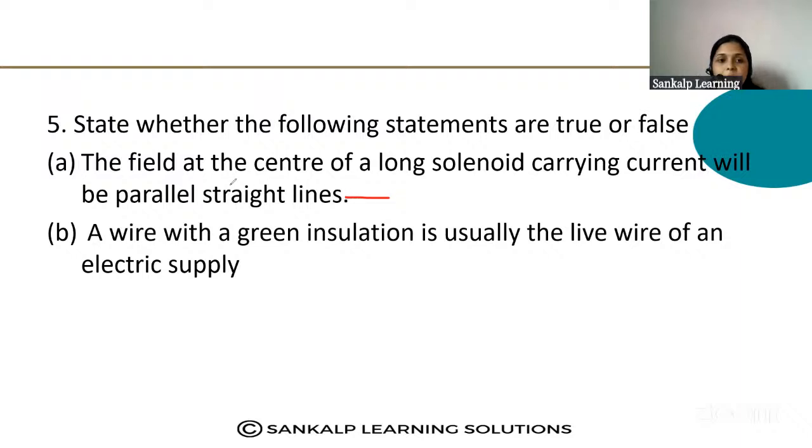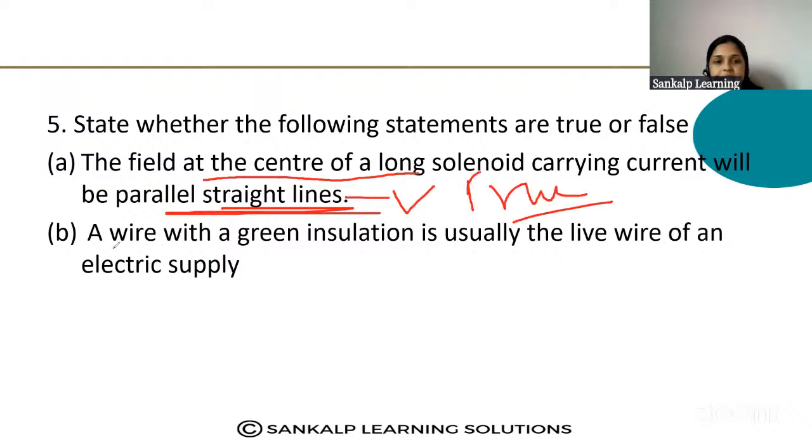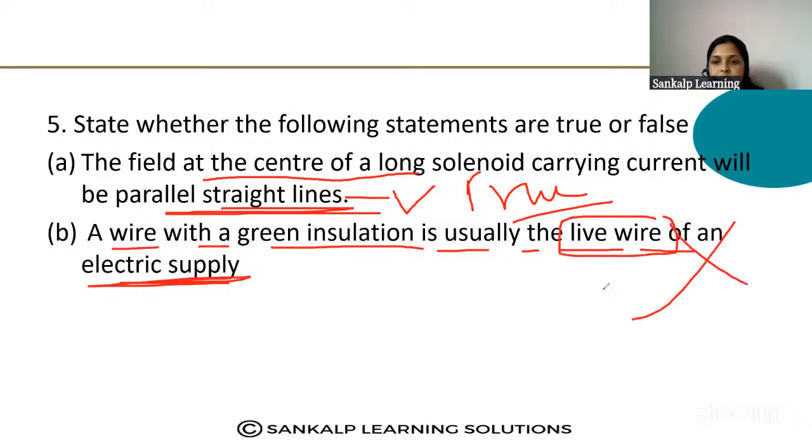The field at the center of a long solenoid carrying current will be parallel straight lines. Yes, it is true. Then, a wire with green insulation is usually the live wire of an electric supply. But the wire with green insulation is not a live wire, it is the earth wire.